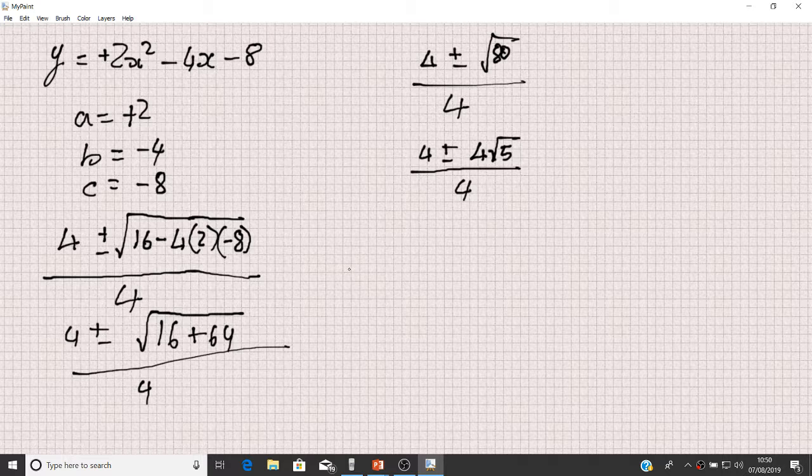Now if we look at this, we can divide out by the 4, and our final answer, the solutions, will be 1 plus root 5, or 1 minus root 5.